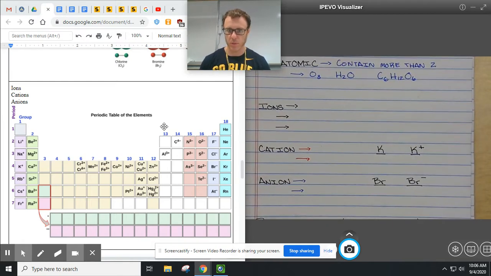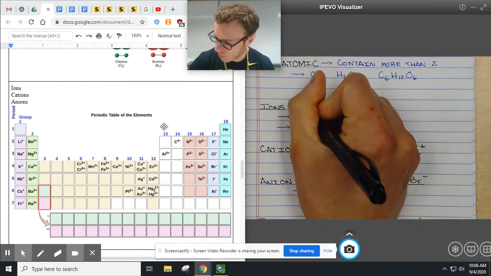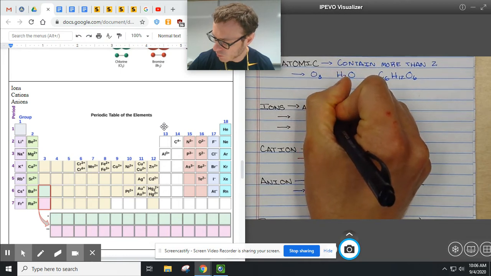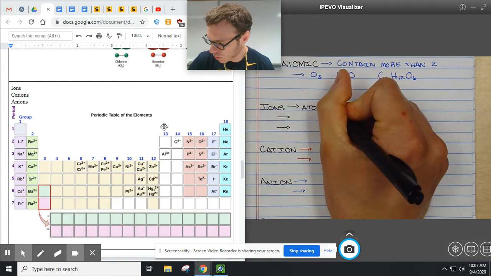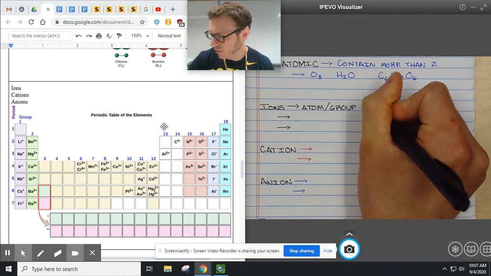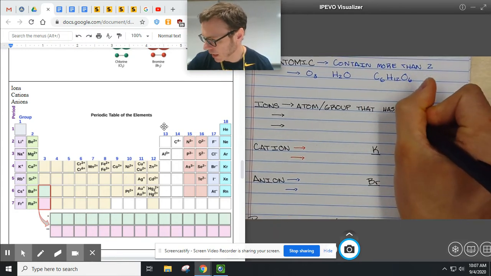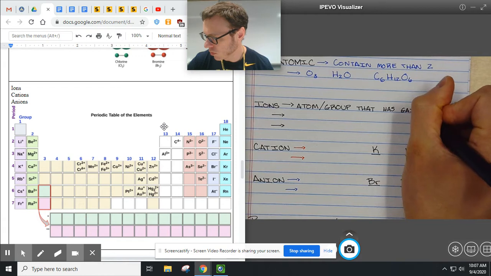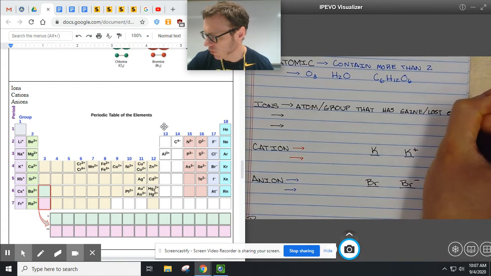Let's move this up a little bit. There we go. Ions. So ions, this is an atom or group of atoms that has gained or lost electrons. I'm going to just use a slash here, gained/lost, and we're going to use our symbol for electrons.